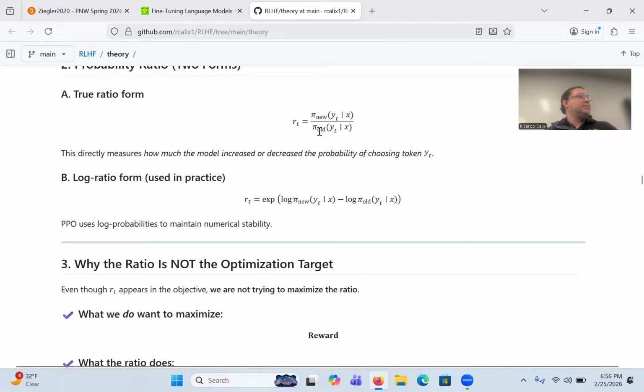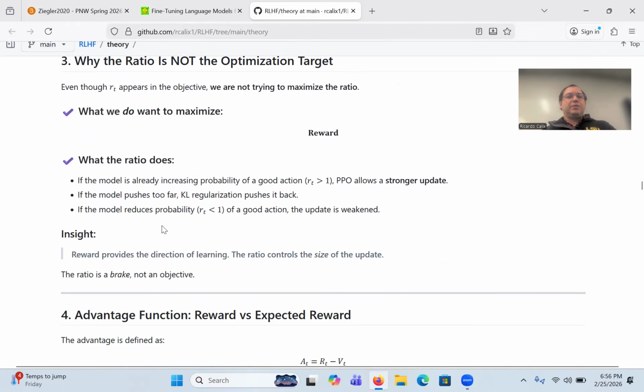Do you guys see that? That's essentially what's happening. Okay, so either the probs for a given output are higher than before or they're lower than before, and that kind of serves as a control for the reward. Okay, so if the model reduces probability, RT is negative. So probability of a good action or a token. So the update that's going to happen is weakened somehow.